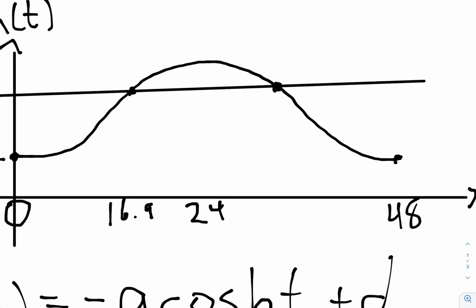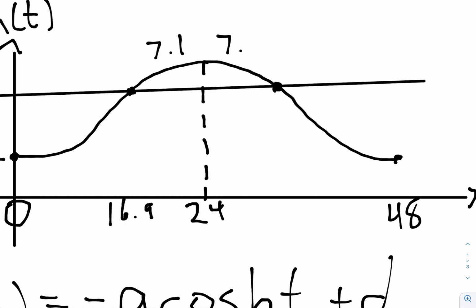And if we know that this is 16.9, remember, sinusoids are symmetric. So the distance from here to here is the same as the distance from here to here. So for the difference from 16.9 to 24, we just do 24 minus 16.9. So this is 7.1 seconds.